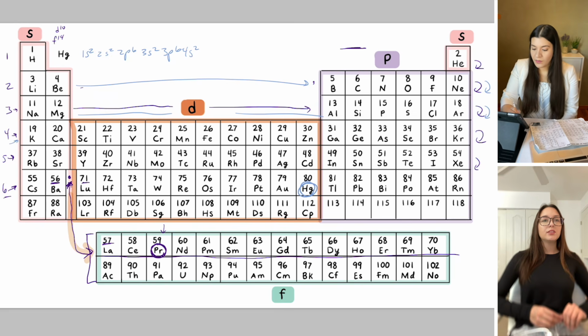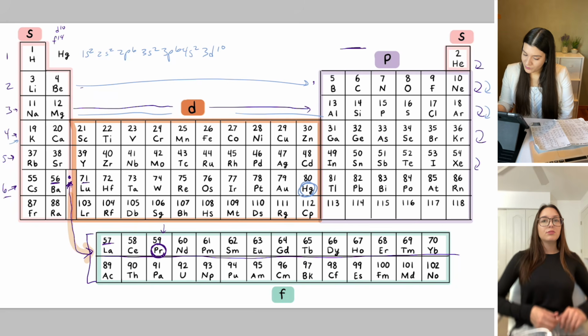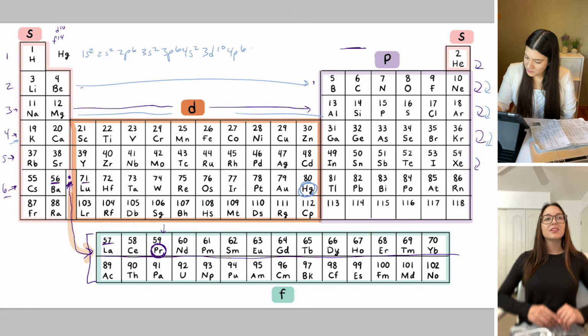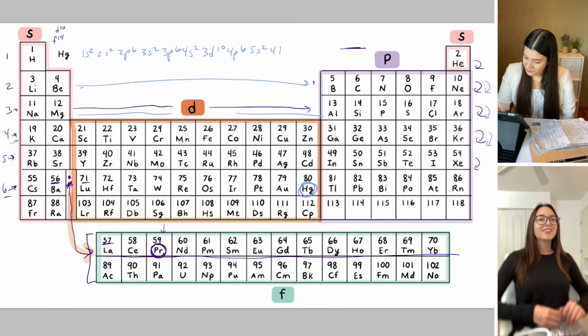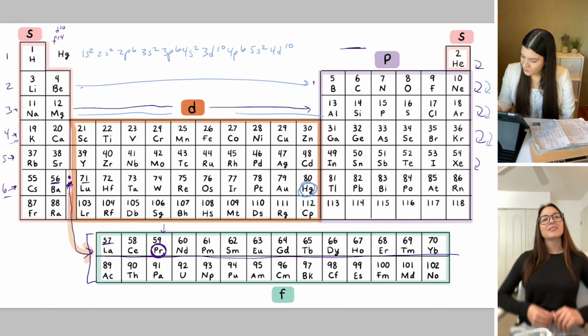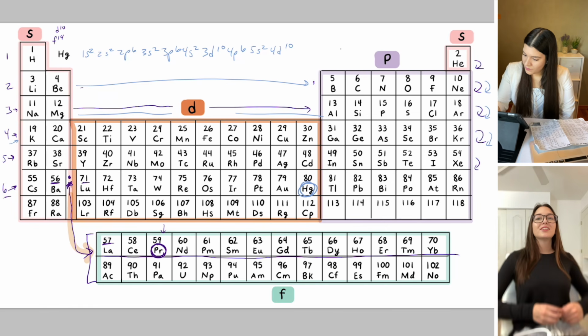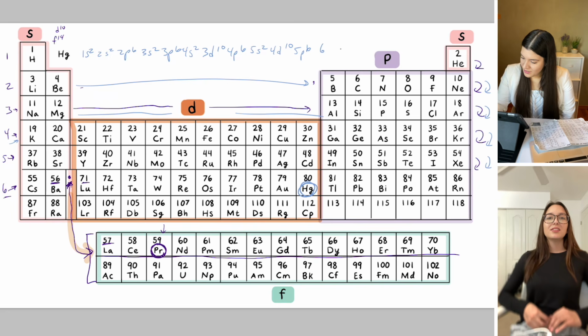And 3d10. Good. 4p6. 5s2. Yep. 4d10. Good. 5p6. Good. 6s2. Good. And breaking point.